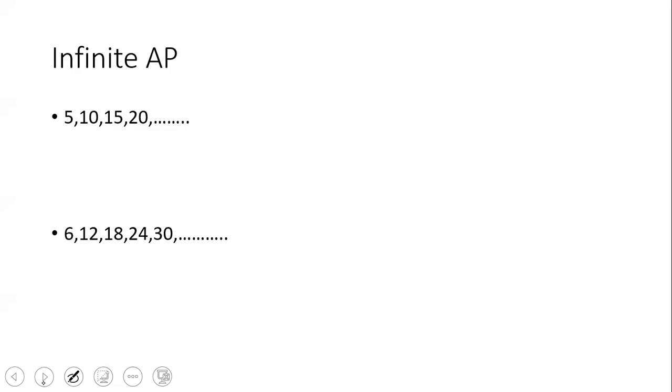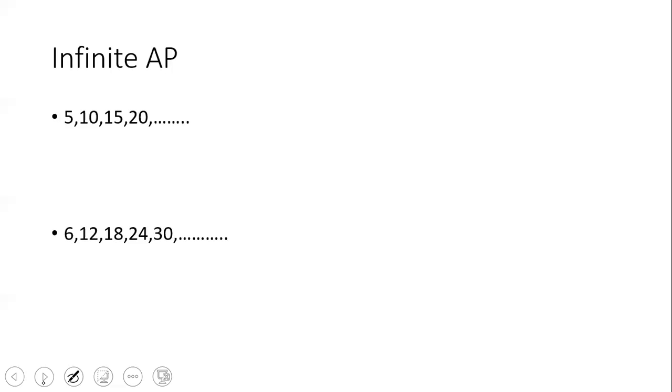Infinite arithmetic progression has infinite terms. It means it goes on and on and never stops. Like 5, 10, 15, 20, 25, 30, 35, 40, till 1,000 or crore or million, trillion, till wherever it might go. Here are a few examples.